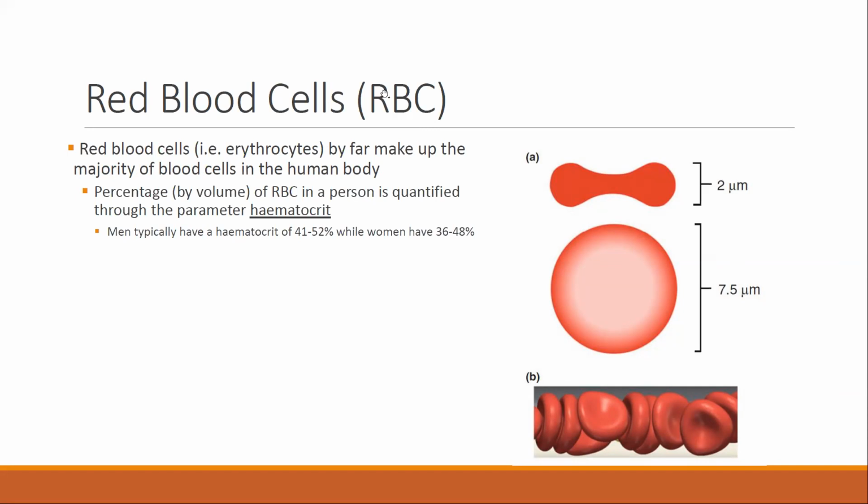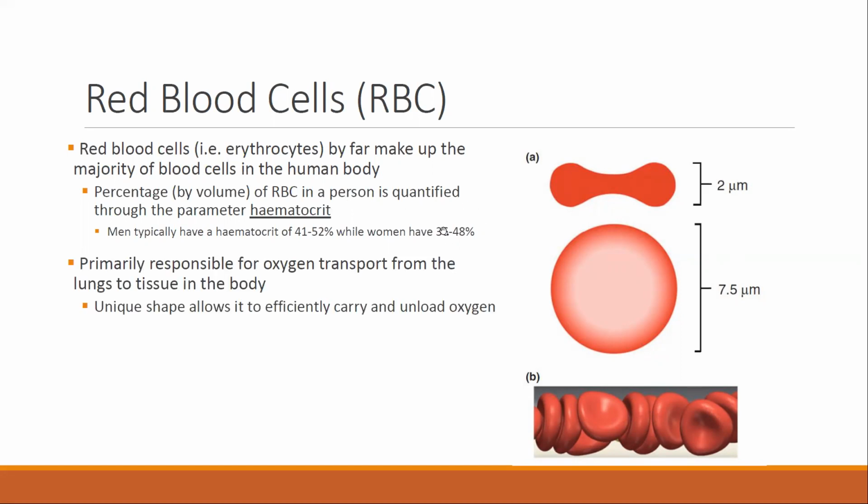If you go to the doctor and they measure your hematocrit, they basically mean the percent by volume of red blood cells in your blood. Men typically have a hematocrit of around 41 to 52%, while women typically have a hematocrit of 36 to 48%.